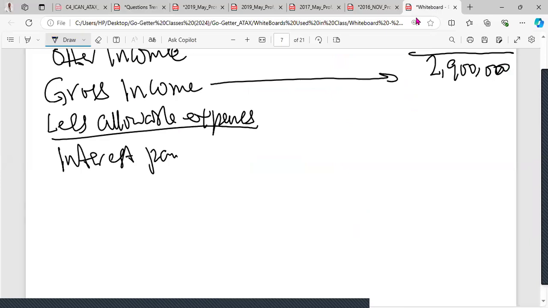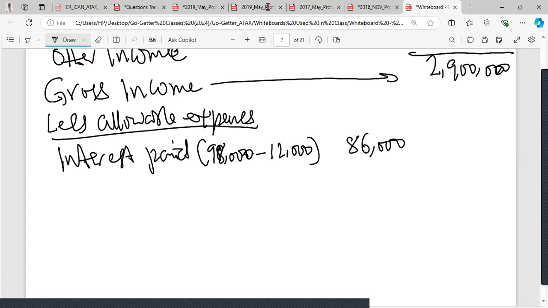Interest paid 98,000 minus 12 would be 86. So we are done with interest paid.